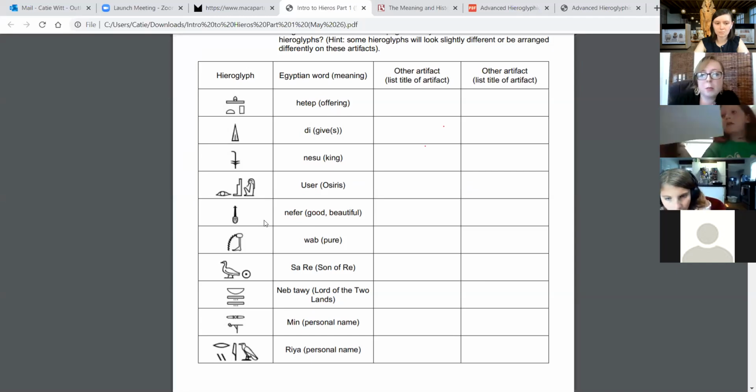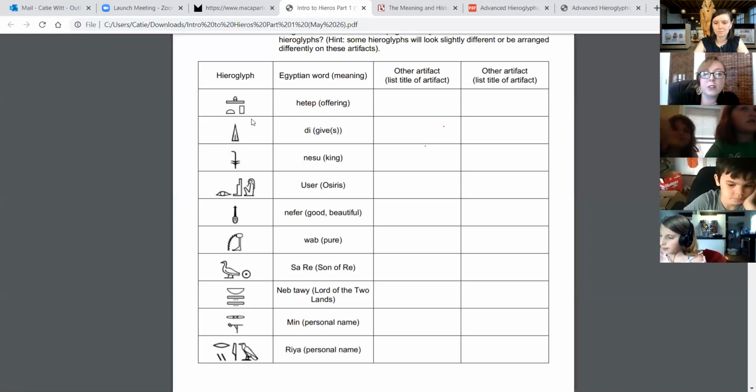These are some different words that you're going to see a lot sometimes. Some are more specific, like Min is a personal name of a god. So sometimes you'll only see that on objects relating to the god Min. Or Rhea is a name of a person that we have a stela for in our galleries at the OI.